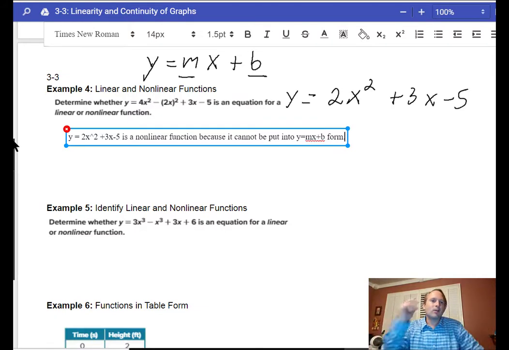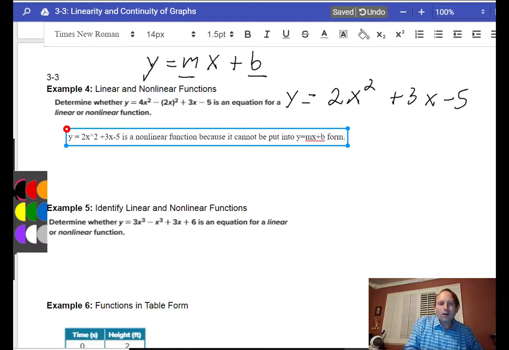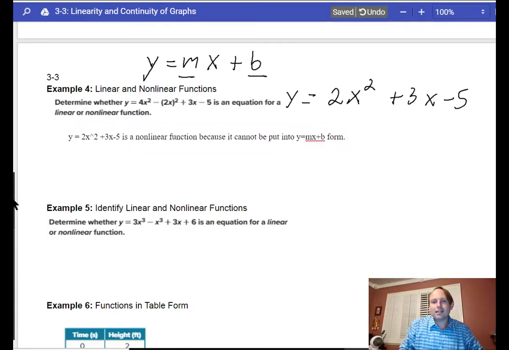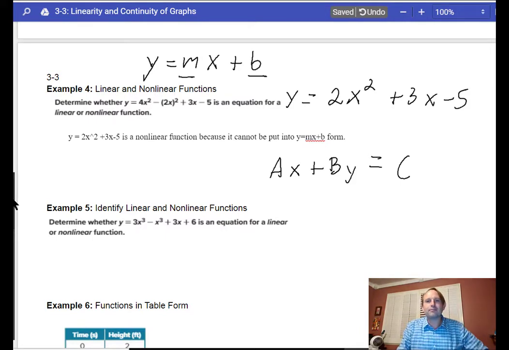In order for it to be a linear equation, it has to be put into y equals mx plus b form. Or another way of saying it is standard notation, ax plus by is equal to c. But I don't really like this one. I like the y equals mx plus b better.